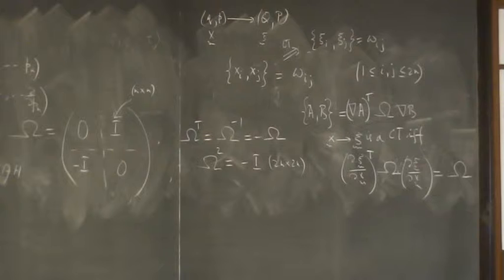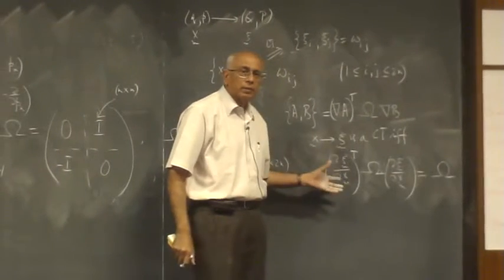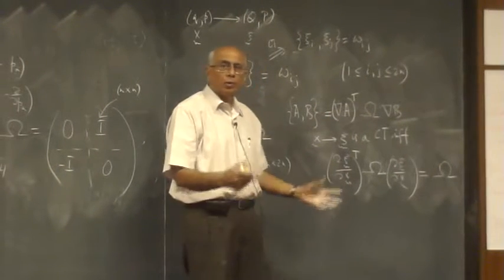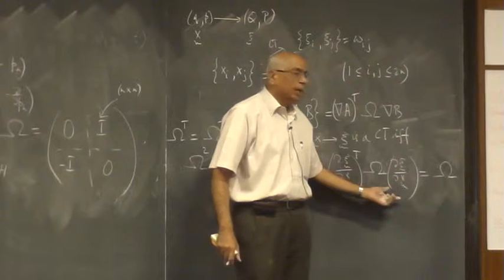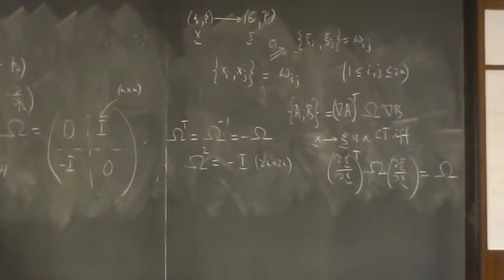So it says, whatever be the change of variable, we are assuming it's a smooth change of variable, etc., this Jacobian matrix at every point, transposed with this omega, this guy here, must be equal to omega. So then and only then is x to xi a canonical transformation.